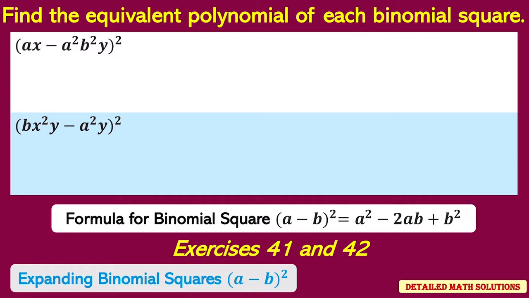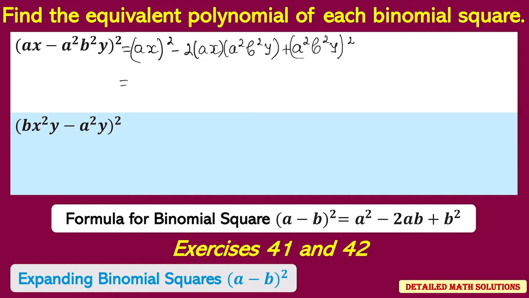In the first binomial, (ax - a squared b squared y) squared, ax corresponds to the a in the formula, and a squared b squared y corresponds to the b in the formula. Therefore, when I apply the formula, this equals (ax) squared minus 2 times ax multiplied by a squared b squared y plus (a squared b squared y) squared.